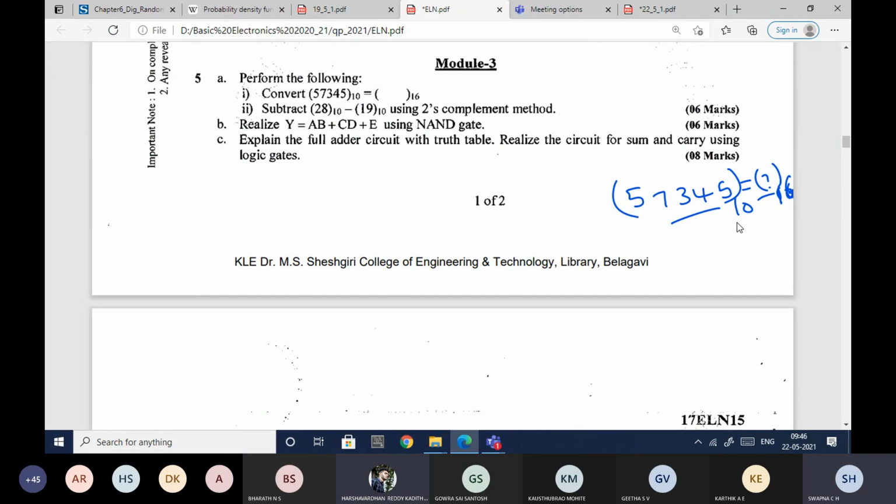Divide by 16. Don't turn back your pages, just try to recall. Divide by 16, ma'am. Yes, divide by 16. Here you have only the integer part, right? So you need to divide it by 16. Hope everybody has noted down the question, right?